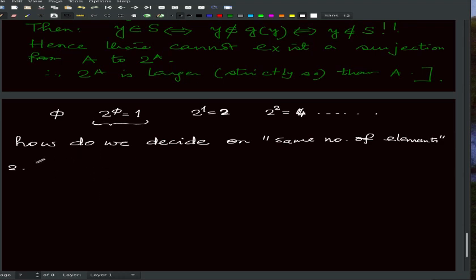And now here is another story. This is called the Cantor-Schroeder-Bernstein theorem.